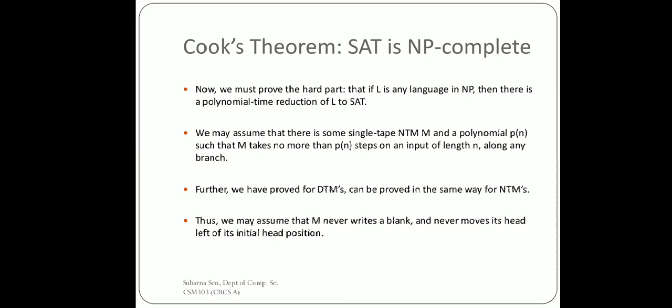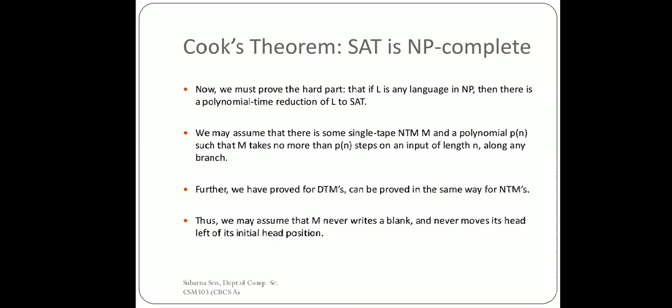If the length is n, each branch of the Turing machine can be fed at most n inputs. It cannot be more than n. So each branch can take a maximum of p(n), whatever the polynomial is, but it should not be more than that.